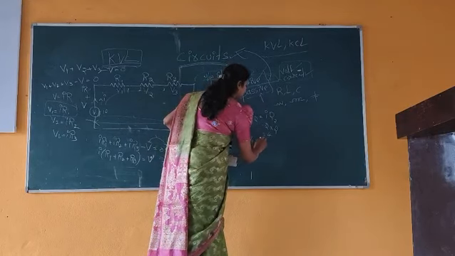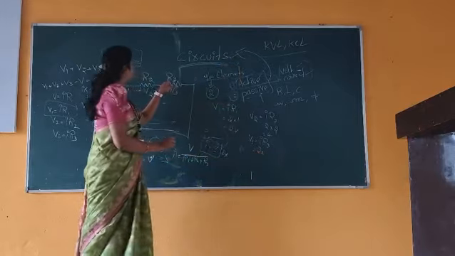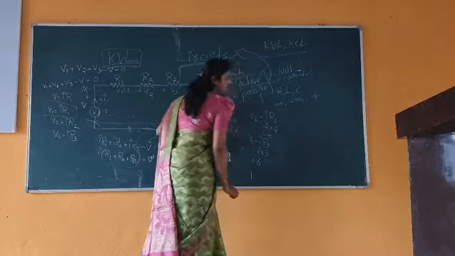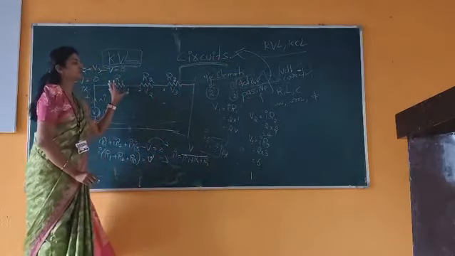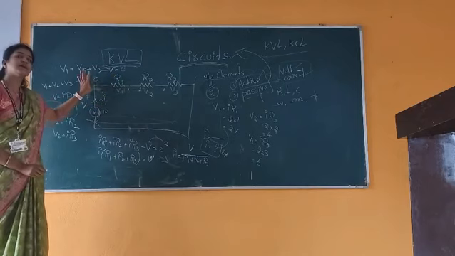And similarly, V3 is equal to I into R3, 2 into 3, we get 6 volts. So this is the procedure to find voltage drops across the resistors when they are connected in series.